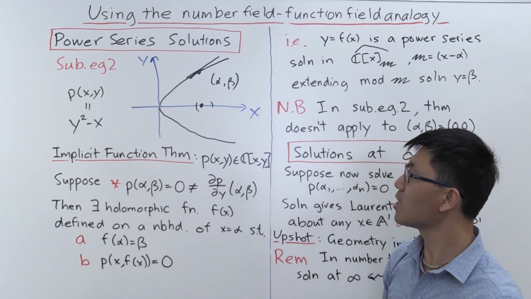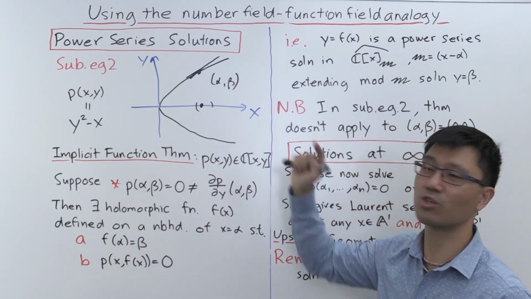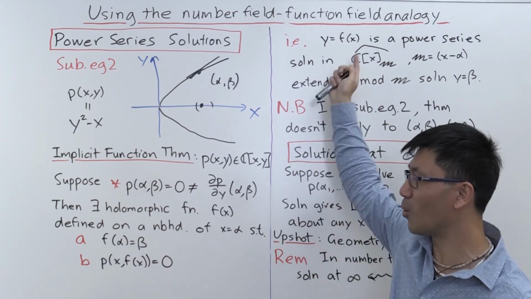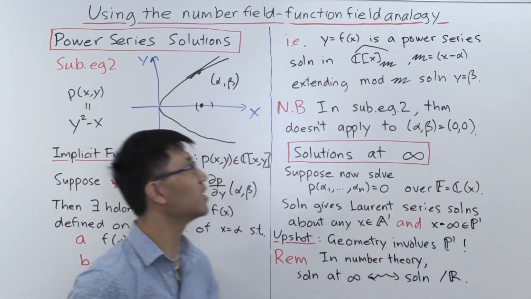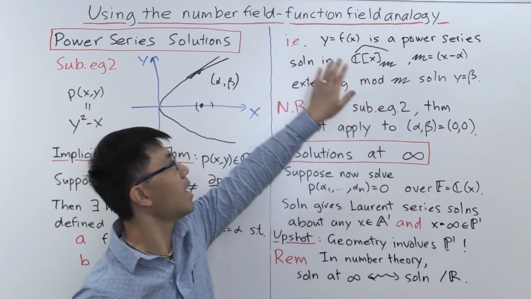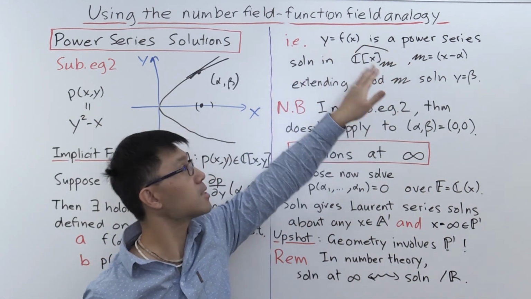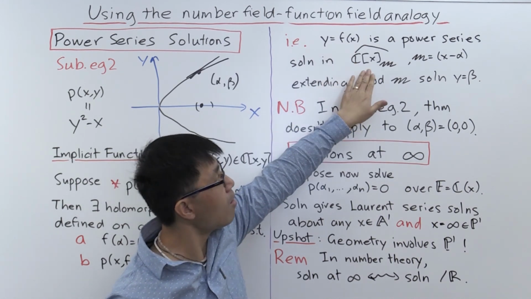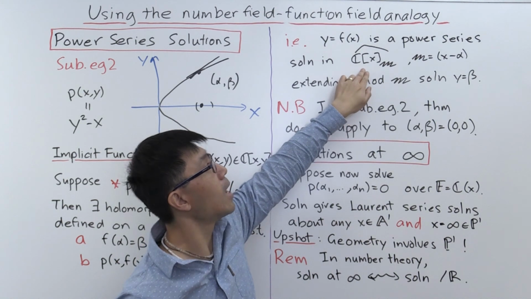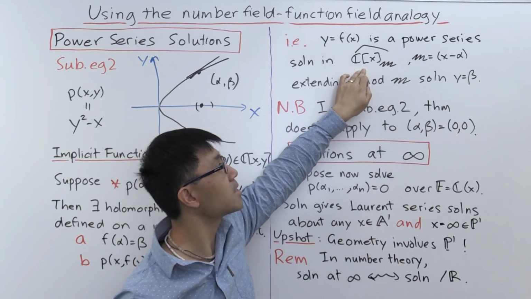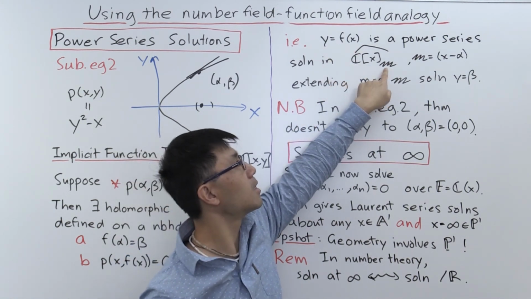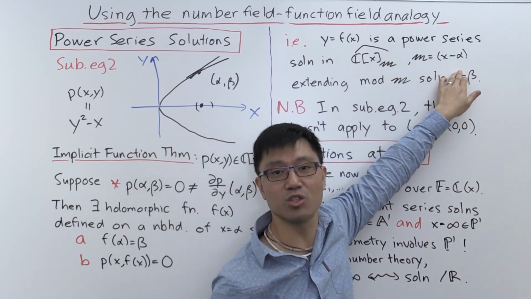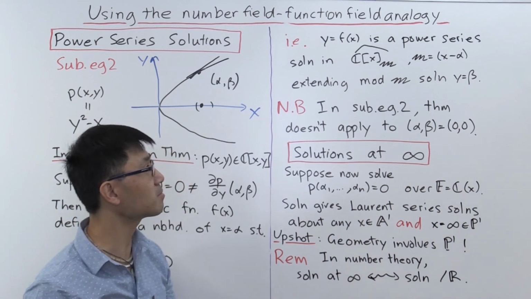Okay, so let me reinterpret this, and this shows you what you're doing when you're looking at power series solutions. So what's going on here? What is this y equals f of x? The way to think of it is you think of this as a power series. You can write it as a power series expanded around x equals alpha. So it's an element of the following completion of your ring C[x]. It's the completion at the maximal ideal M, where M is the principal ideal generated by x minus alpha.